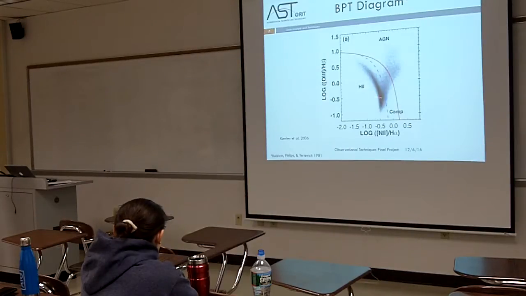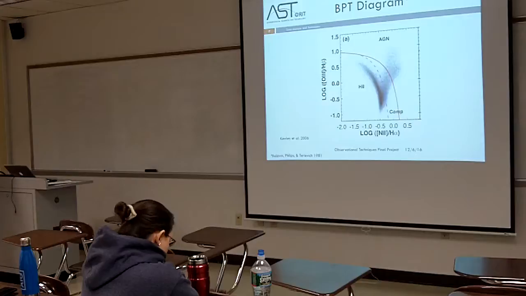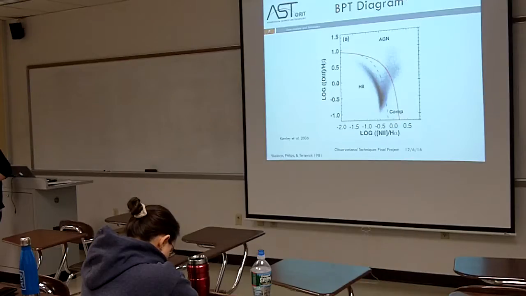So given your knowledge of what H alpha and H beta are, and what those forbidden lines are, why does it curve that way? I'm talking about the star formation branch, right? Because I think that's what you were just talking about. It's the left side of the V. Right.